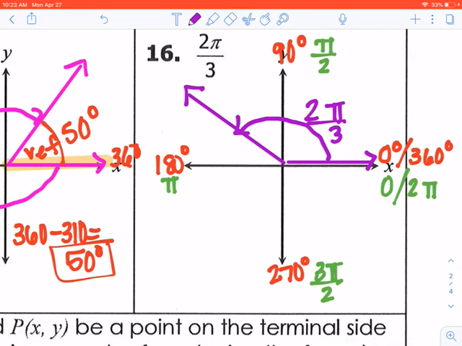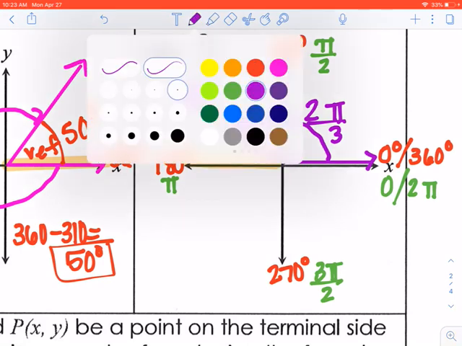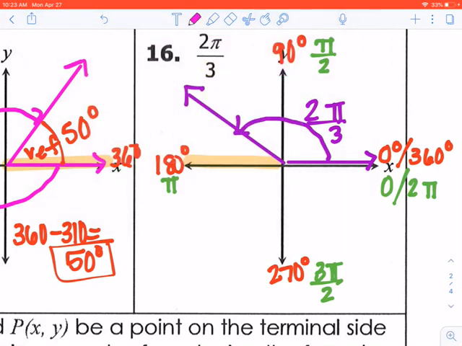Now, my reference angle has to come from the x-axis because I'm on the left side. I'll be using the left side of the x-axis, and I need to find the angle formed with this axis. So basically, I'm going to be finding this angle here. This is going to be my reference angle. So instead of 180 degrees, I'm going to be taking pi minus 2 pi over 3 to figure out what that missing angle is.